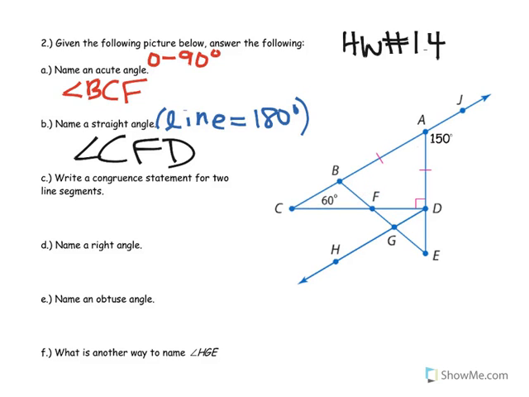All right, looking at letter C, this is going back to around homework 1.2 where we talked about congruency. It says, write a congruence statement for 2 line segments. So remember a congruent statement, we're going to use that congruent symbol, and you're saying something is congruent to something else. So I'm going to look at the picture and look at the tick marks, right? That's what's going to show that things are congruent.